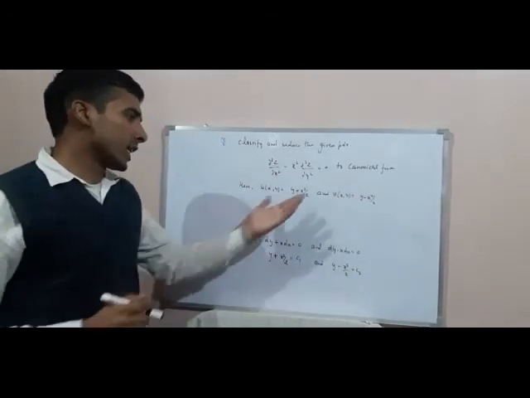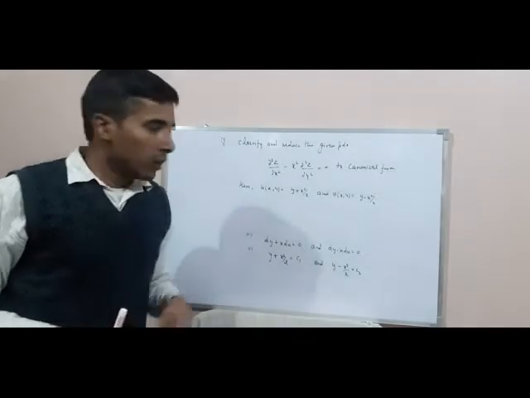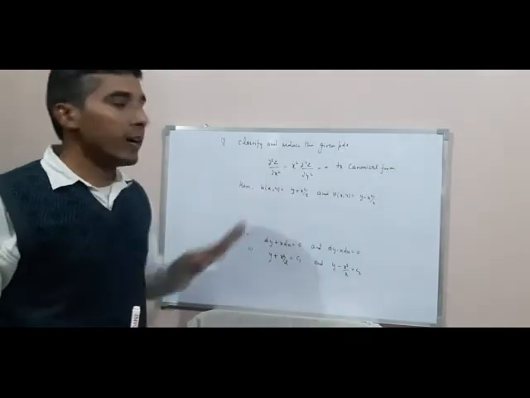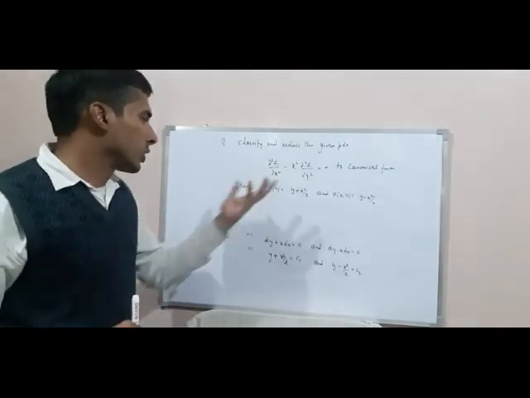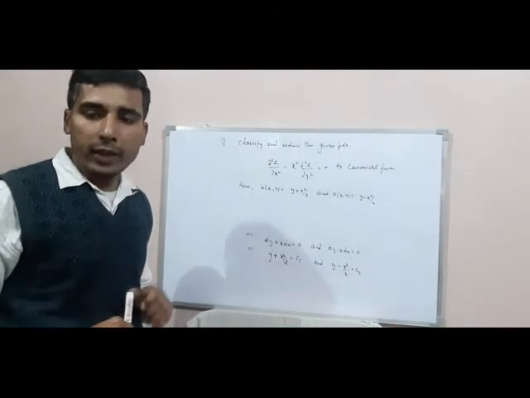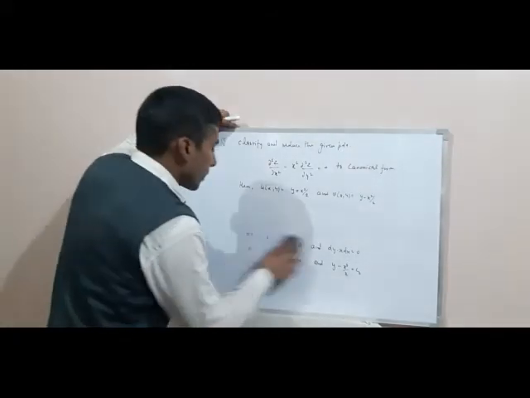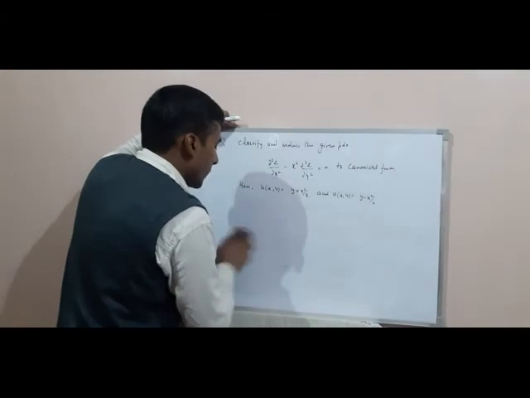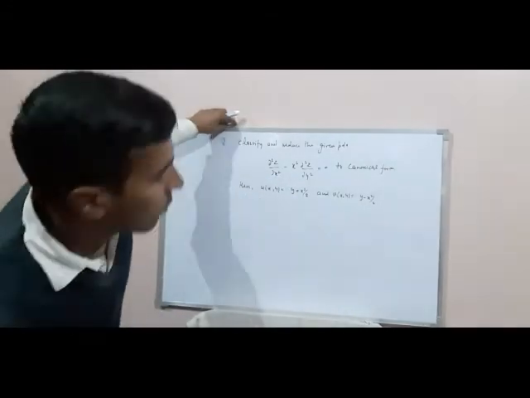We can easily check that the Jacobian of these two functions u and v is non-zero, so these are linearly independent. Using this, the given equation can be reduced to its canonical form.